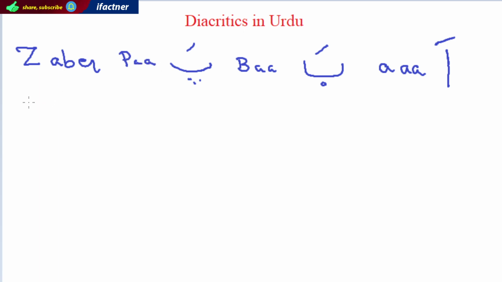The next diacritic which we use in the Urdu language is Paish. If I use Paish on top of Alif, and it also comes on top of the character, then the sound of Alif changes to U. If we use Be Paish, then the sound of Be changes to Bu.